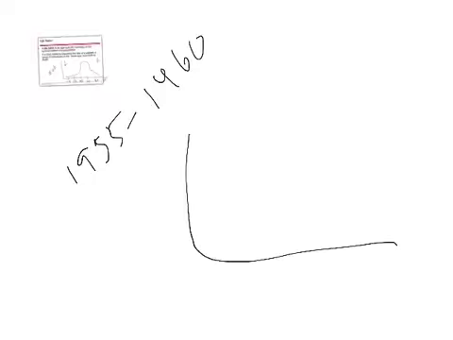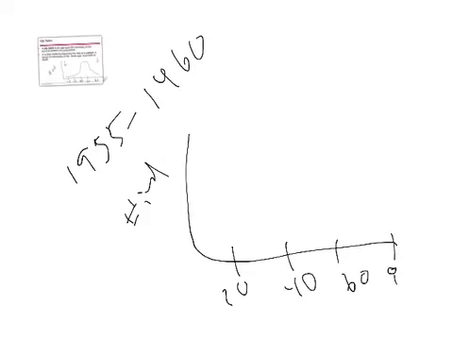So the population boom goes up. If we were to follow a cohort of baby boomers born between 1955 and 1960, what is this graph going to look like? Their survival rate, number of individuals, survival at 20, 40, 60, 80.